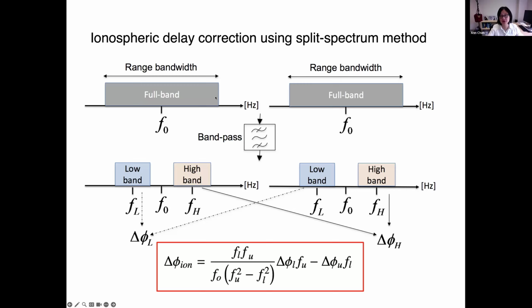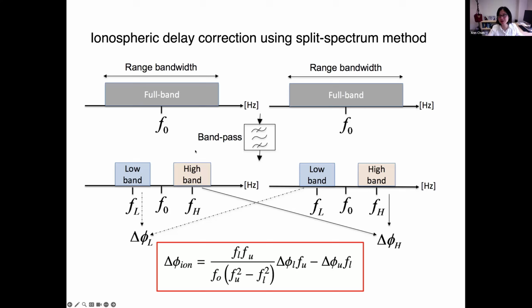This is your full radar bandwidth spectrum, and through a bandpass filter, you can isolate this spectrum into a lower band and a higher band, and then do an IFFT to translate it back into the time domain. So instead of just having a single interferogram, now you can form a high band interferogram using the high band only, and a low band interferogram using the low frequency band only.